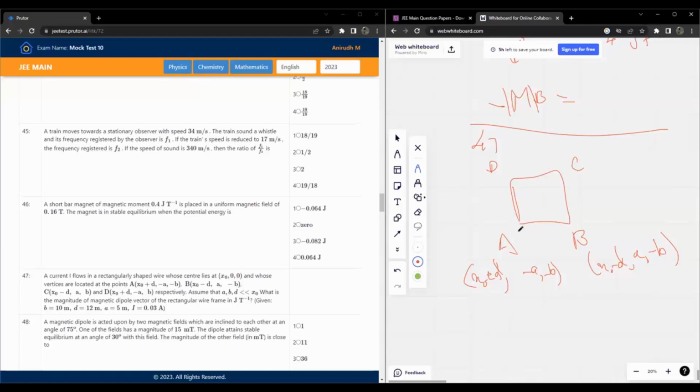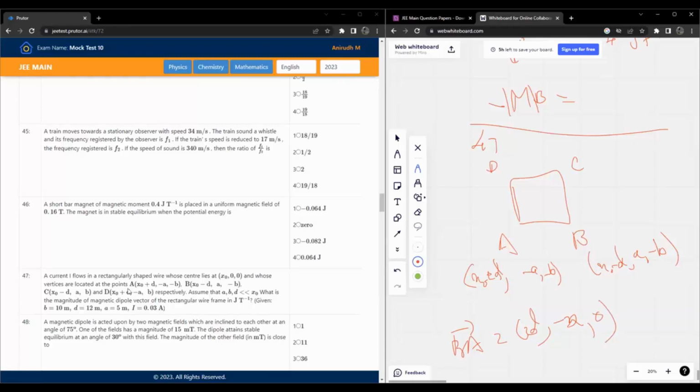Yeah, right. So this side is going to be, this side has what? This is x0 plus d to x1 minus d. That's the difference of 2d, comma, so the vector is 2d, then minus 2a, 0.